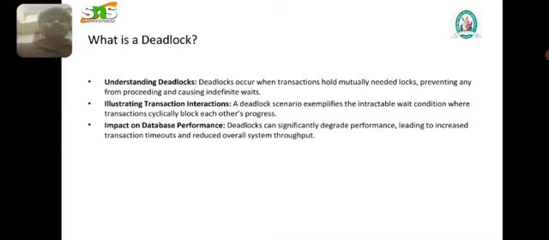A deadlock occurs when transactions mutually need locks held by each other, preventing any from proceeding and causing an indefinite wait. A deadlock scenario exemplifies an intractable wait condition where transactions cyclically block each other's progress.